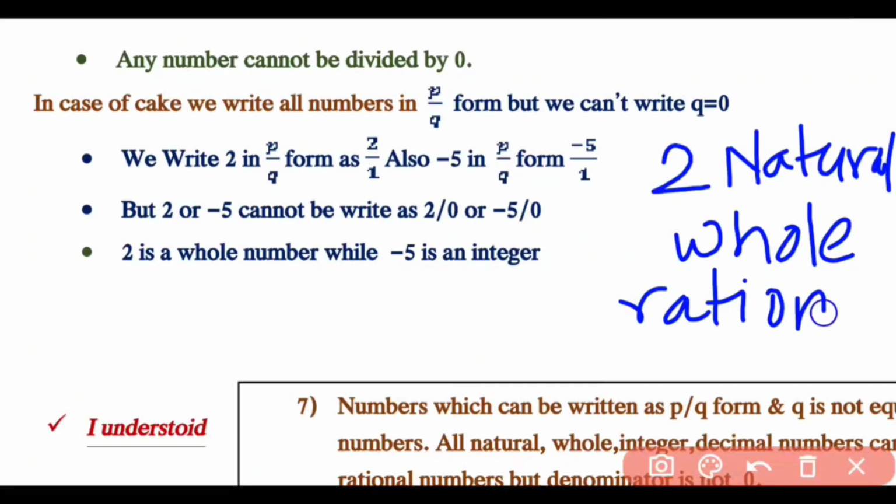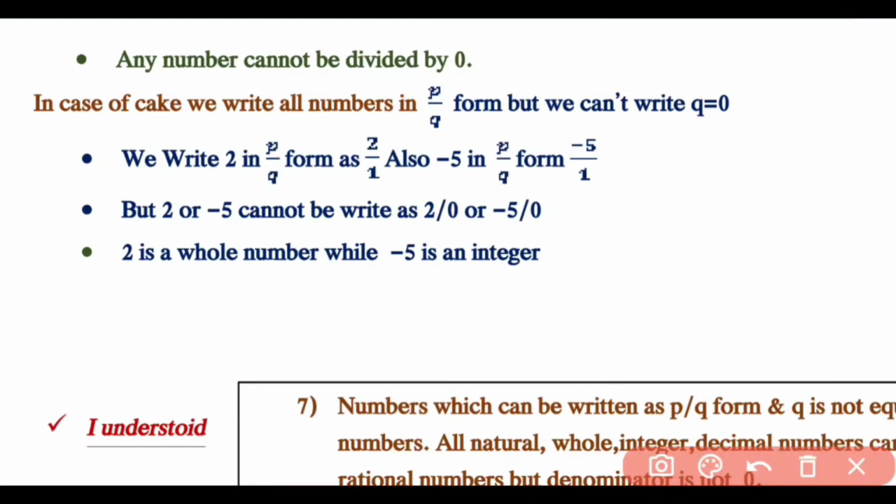Why is 2 a rational number? Because we can write 2 upon 1 with 1 in the denominator, and that's why 2 is a natural number also, a whole number also, and a rational number also. Same thing we can say about various integers. If I want to write minus 5 in a rational form, I can put 1 in the denominator, and then minus 5 upon 1 is a rational number.